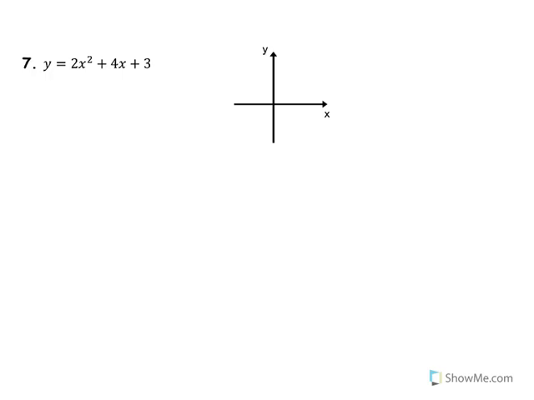Okay, let's write down what we do know. Does it open upward or downward? What's my y-intercept? 3. Okay. So now you need to start being able to identify these things as you see an equation. A equals, B equals, C equals.